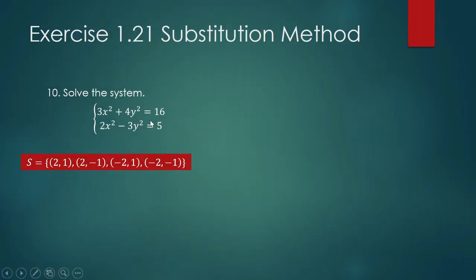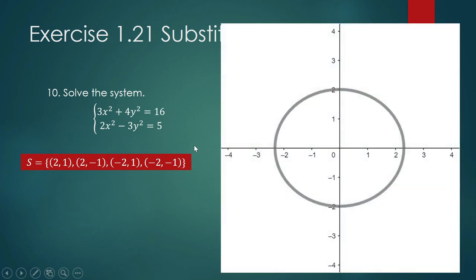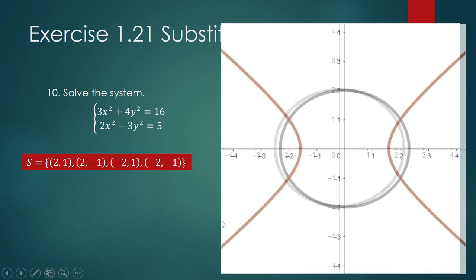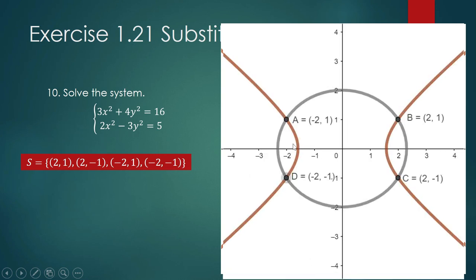Okay, so this one is an ellipse. This one is a hyperbola. Those are their intersections. Okay, and you can match each of them with the elements of our solution set. So we got it right.